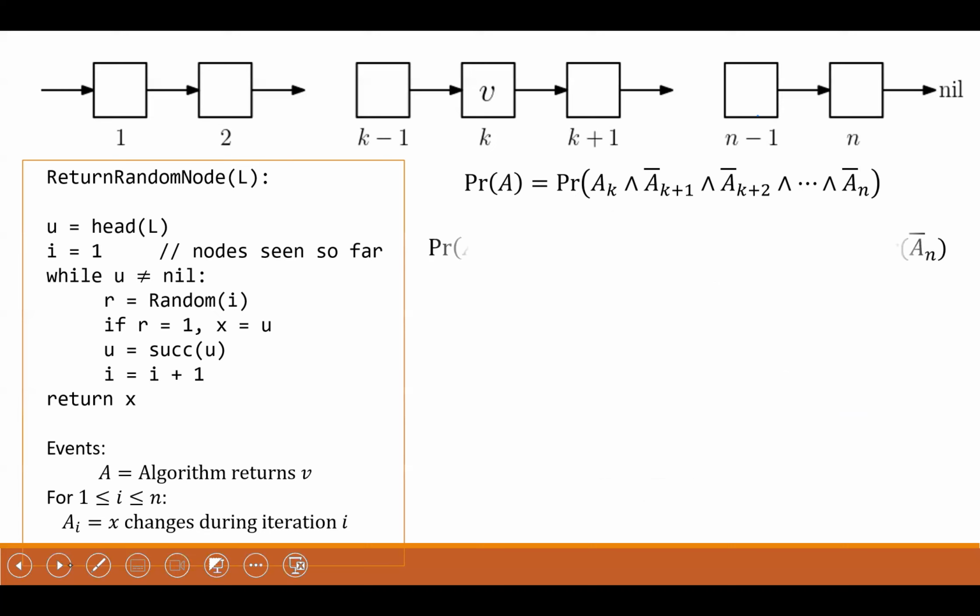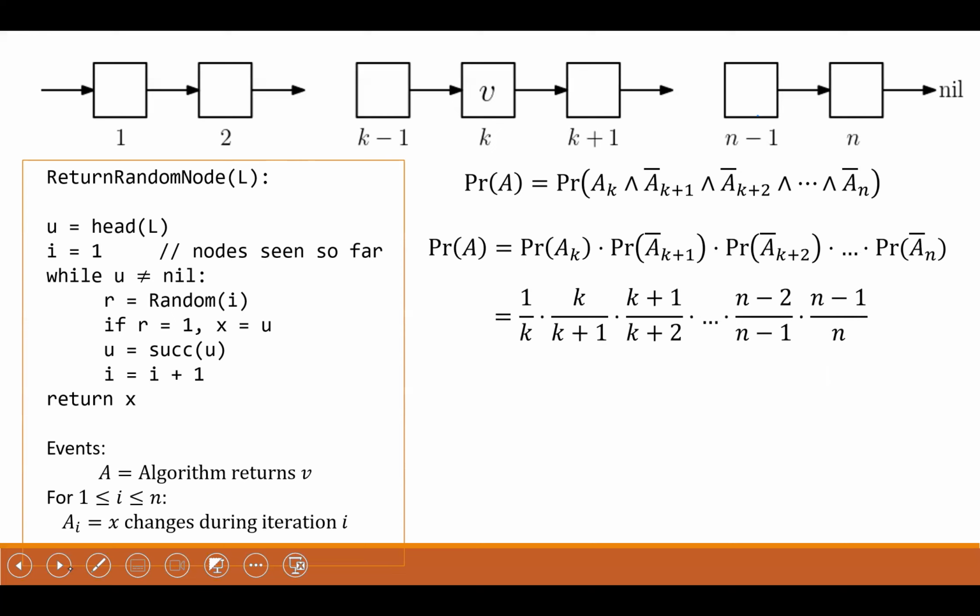All right, we're almost at the end. So I take the product of these probabilities, and I have this nice little product. And the nice thing is that this K cancels out with this K. This K plus 1 cancels out with this K plus 1. This K plus 2 cancels out with a K plus 2 over here.